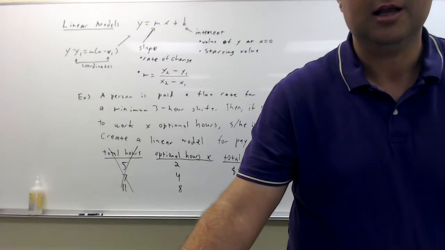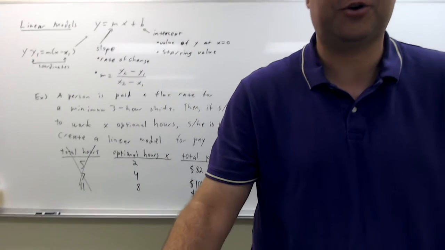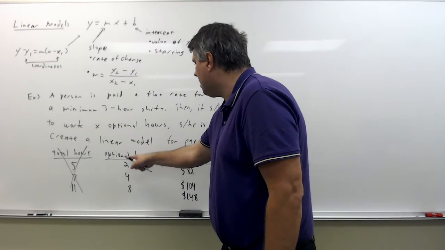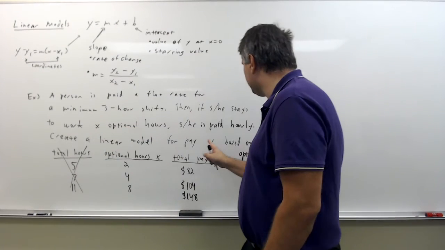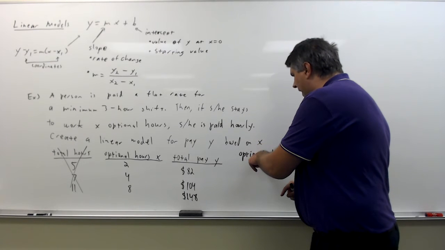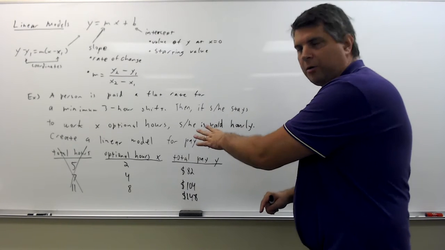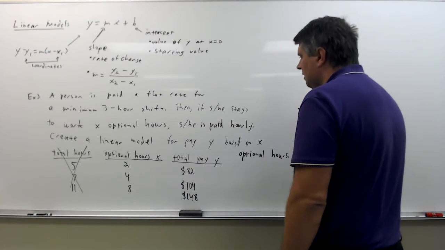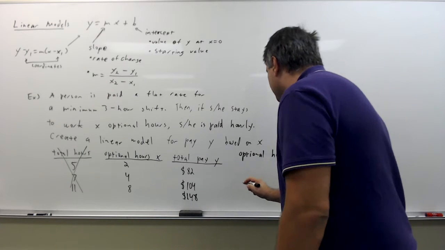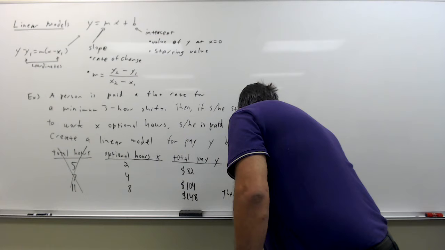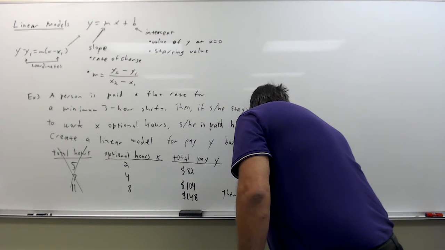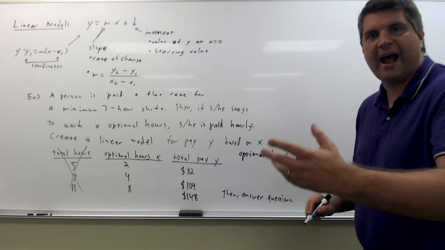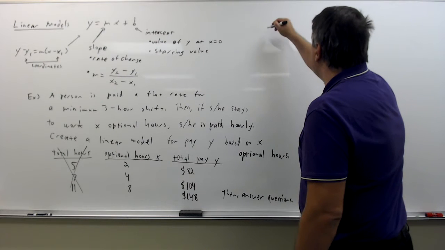Sometimes you need to know when to filter out extraneous information once you've got what you need. Because remember, the model is going to be based on X optional hours, not total hours, and the total hours includes this minimum 3-hour shift. So from here, we're going to create a linear model, then answer questions. So I'll have questions to ask after we do this.